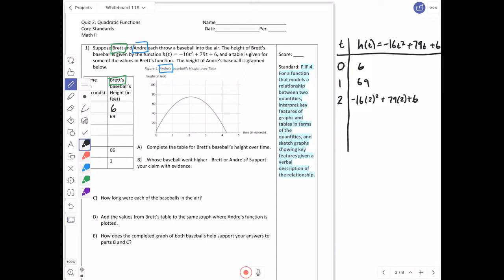2 gives me negative 16 times 2 squared plus 79 times 2 plus 6. Let's see. 2 squared is 4. Negative 16 times 4 is negative 64. 79 times 2 is 158. So negative 64 plus 158 is 94 plus 6 makes 100.